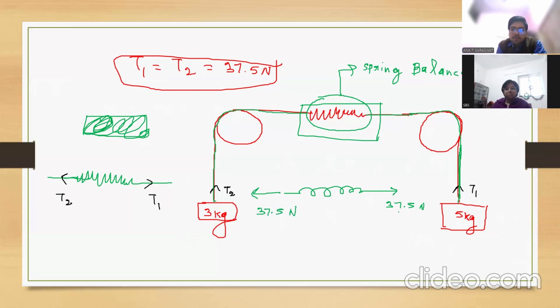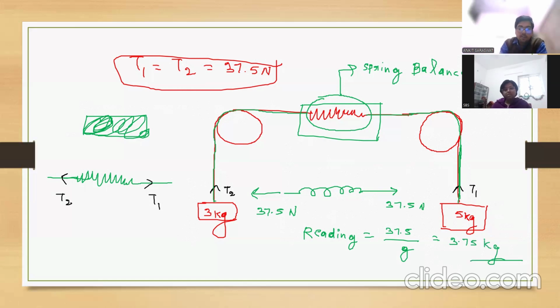This is the spring force. So if I ask what is the reading, the reading will be spring force by g. So what is the answer? 3.75 kg. Understood?